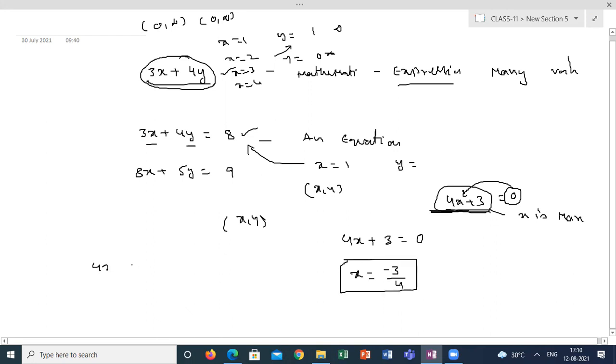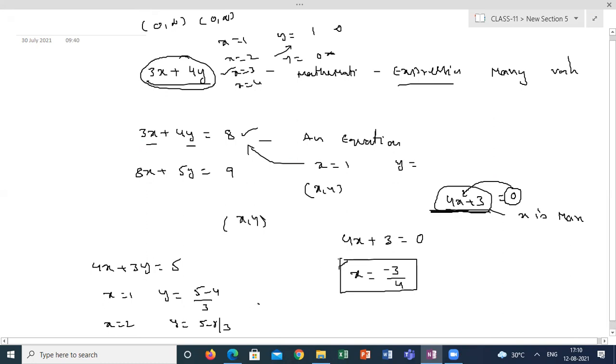Suppose I'm saying 4x plus 3y is equal to 5, so solve for x and y. Here, if I put x is equal to 1, then y is equal to (5 minus 4) by 3. If I put x is equal to 2, y is equal to (5 minus 8) by 3. So different sets of x, y values exist here.